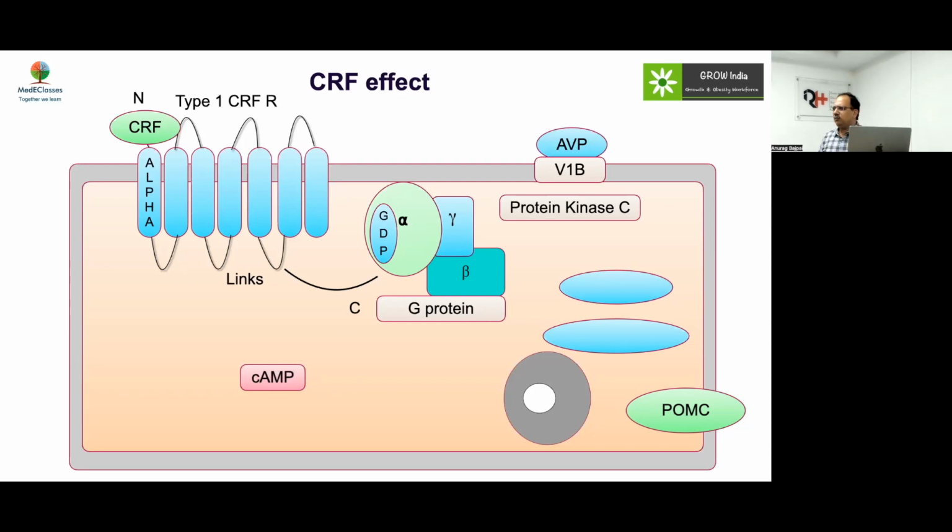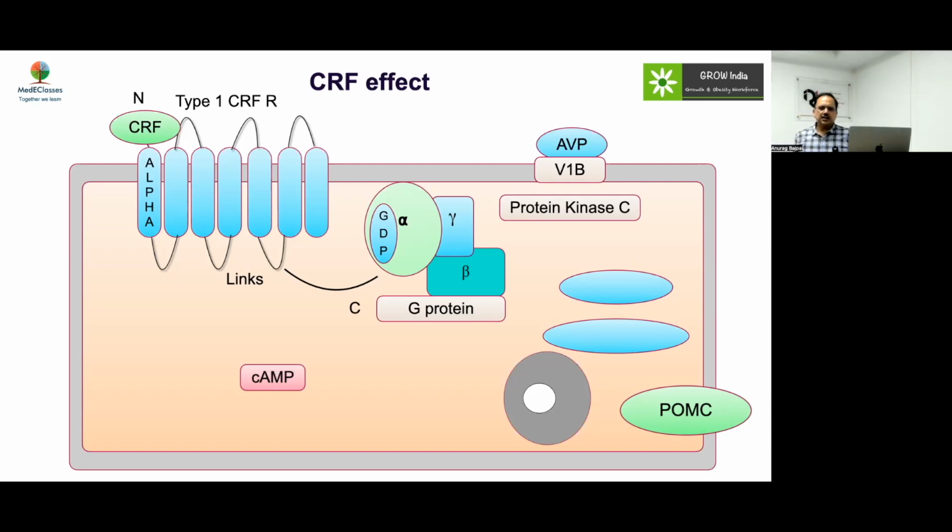That's what I was talking about. V2 receptor is the predominant receptor in the kidneys. V1B or V3, some people talk about V3 as well, is right there in the corticotrophs, where AVP will act on the V1B, acting via the protein kinase C pathway. So there are two pathways which are regulating the ACTH production. And that's why if your AVP goes up, your ACTH goes up.